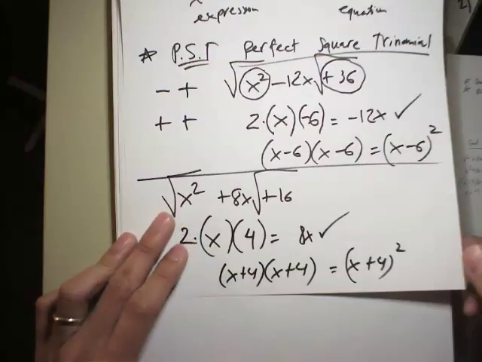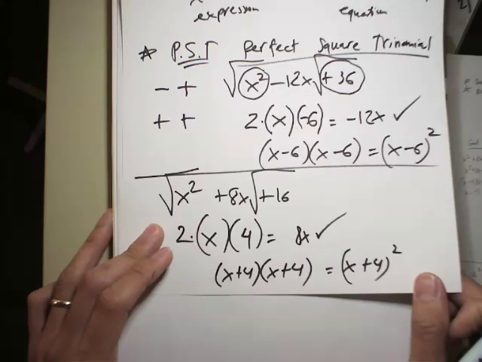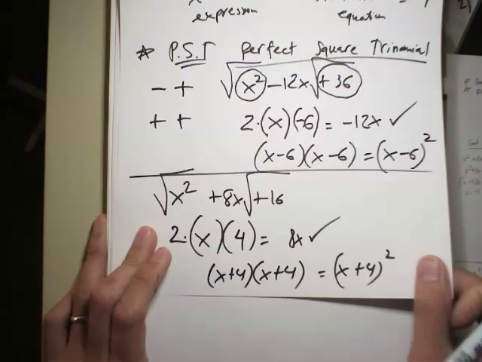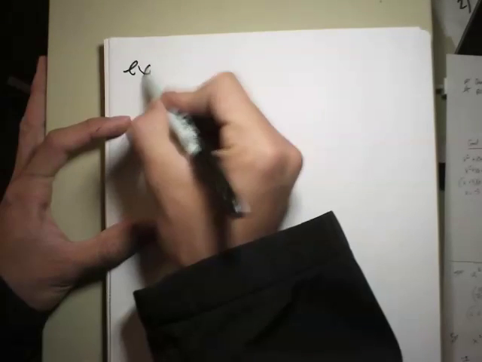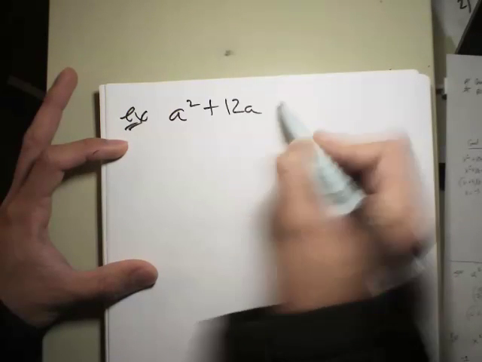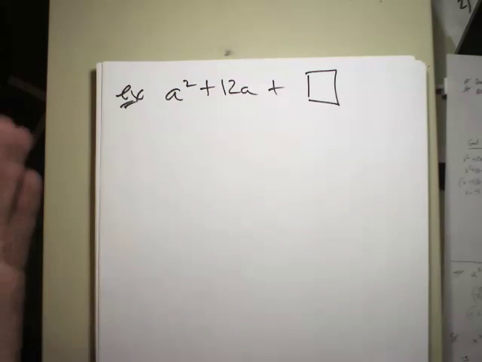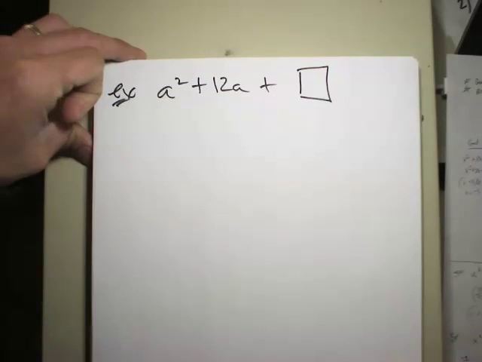So our purpose for today is to make sure that if I don't give you something that is a perfect square, you try to make it a perfect square. Make it factorable. Okay, so let's take a look at this right here. Here's an example for you. We have a squared plus 12a plus, let's say I leave this blank because I want you to make it a PST immediately if you can.